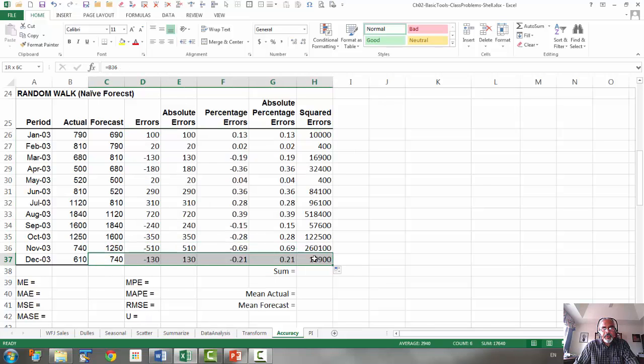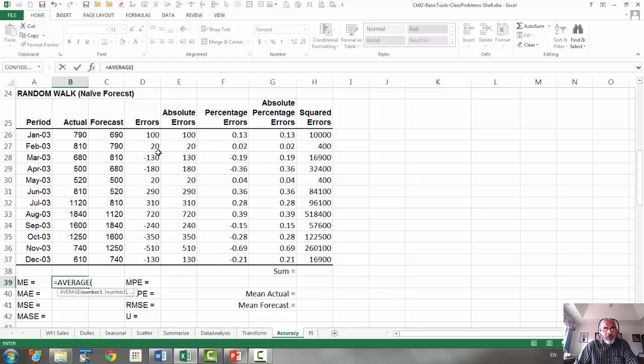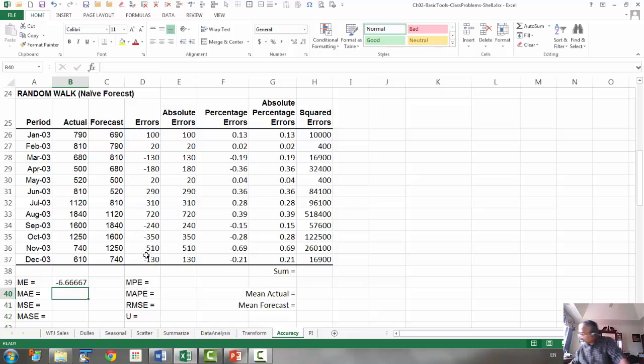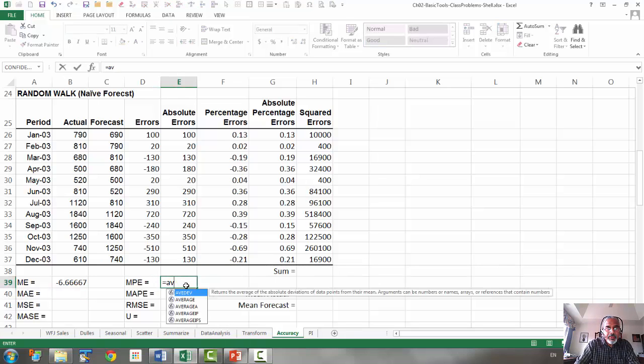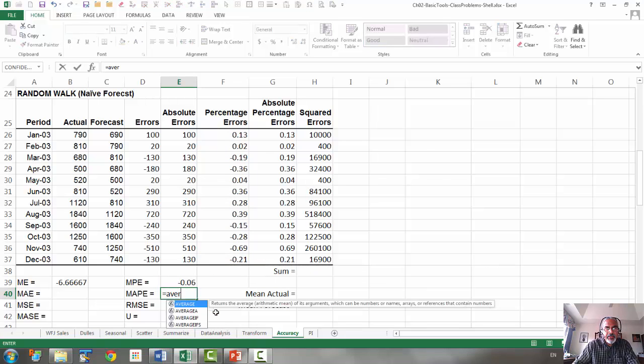Now put the border back. So ME is the average of the errors. Okay. MPE is the average of percent error. MAPE is the average of absolute percent error.